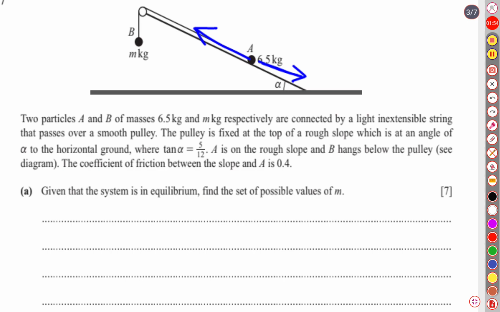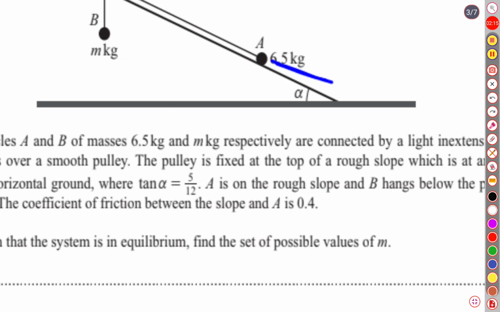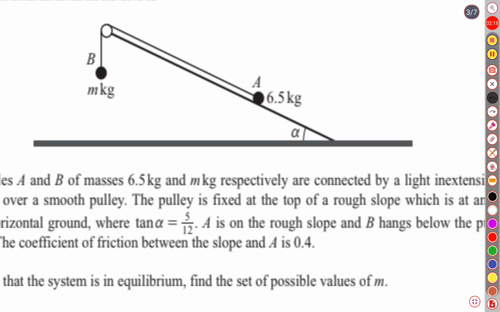But before moving on to the solution, first of all, we will have to know the components. For the components, let us complete the diagram first. As the plane is rough, first of all we'll have to find the normal reaction force.